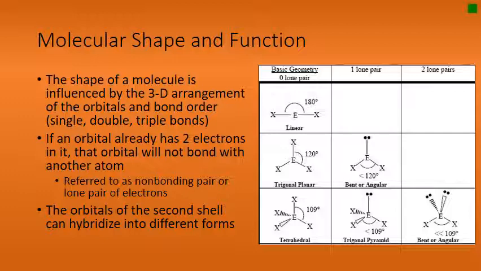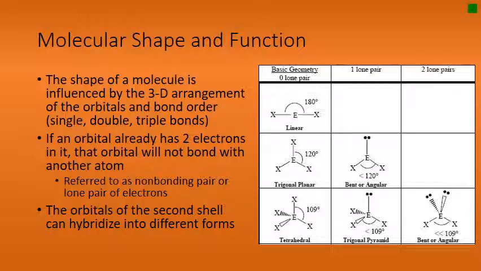If there are 2 atoms bonded to a central atom with no non-bonding pairs, you obtain a linear geometry or a linear shape. 3 atoms bonded to a central atom, trigonal planar. 4 atoms directly bonded to a central atom, you create a tetrahedron.